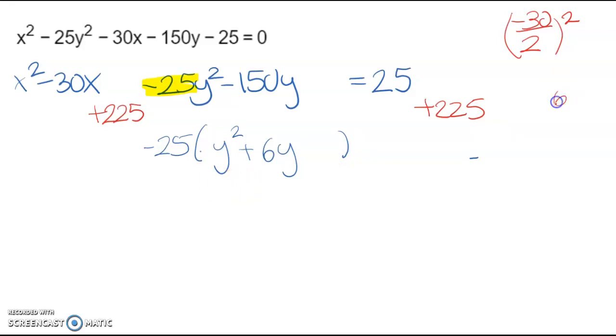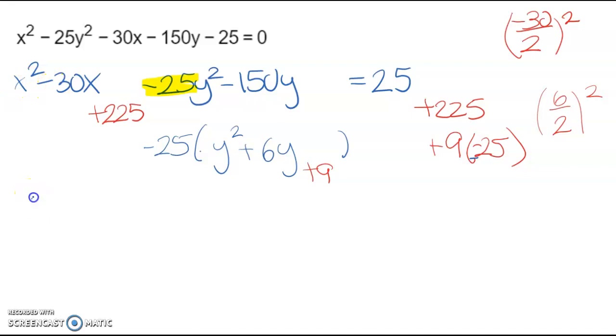So I'm taking that 6, divide by 2, and square it, which means I need to add 9. The trick is that when you add 9, you're adding 9 inside the parentheses. So the number that you put on the other side has to be 9 times that negative 25 from out of the parentheses. Okay. And now we get to rewrite everything.